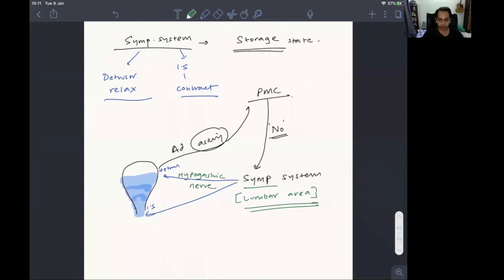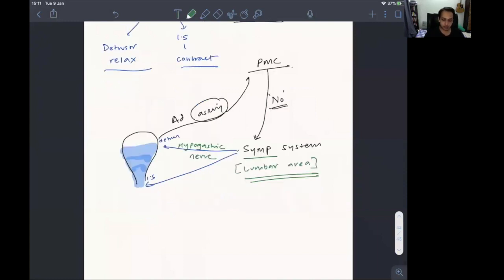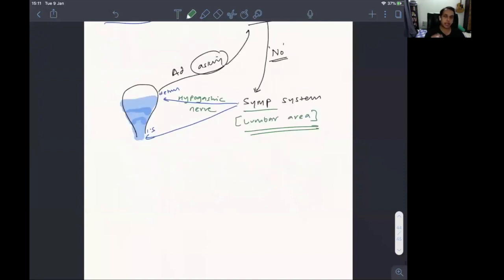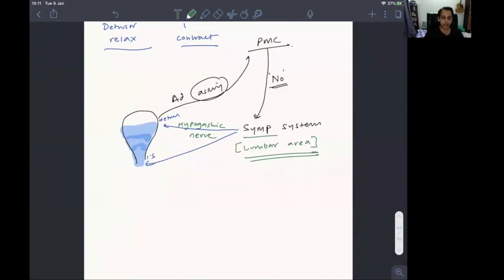Okay, so let's just revise what we've done so far. The bladder is getting stretched. The A delta fibers carry the information up to the brain.